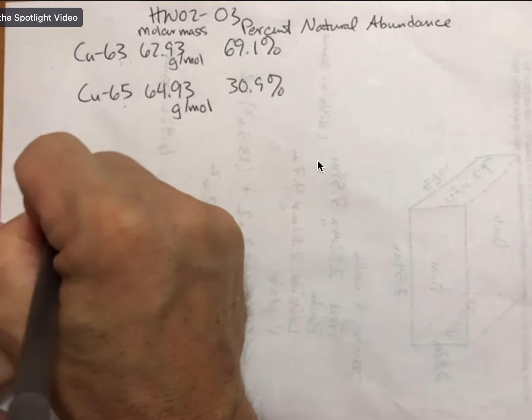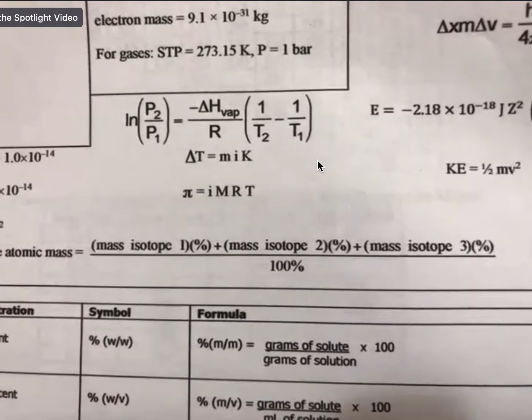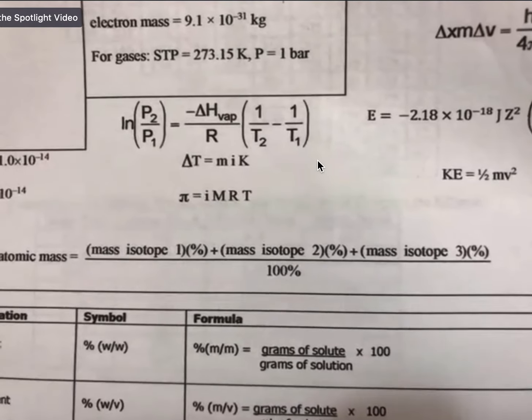The average molar mass equation is on your conversion and equation sheets. Let me bring those up right now. Those are available under your syllabus and schedule menu, and they have a whole bunch of good information on them.